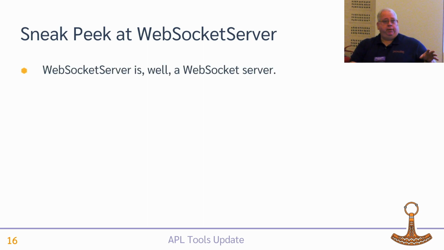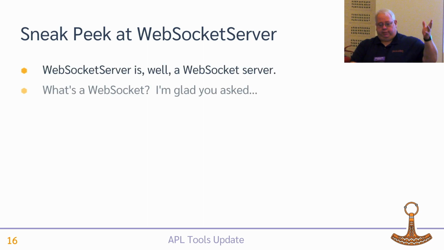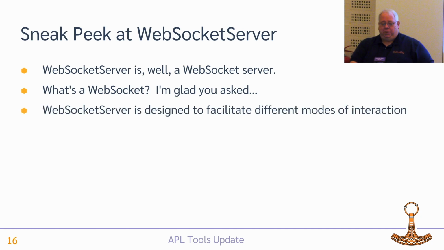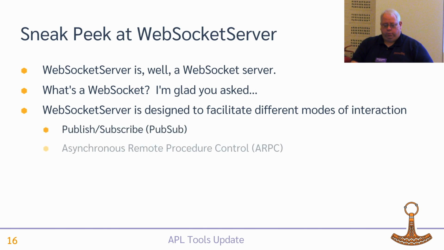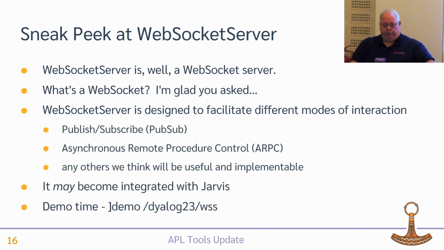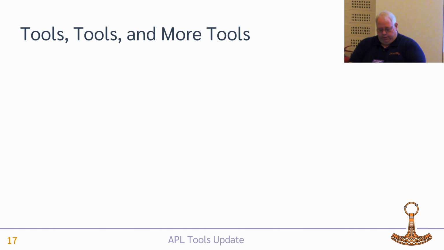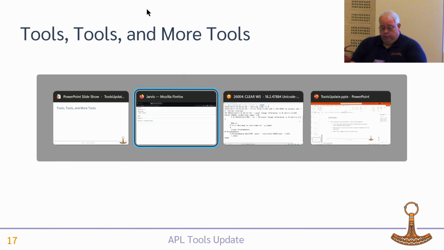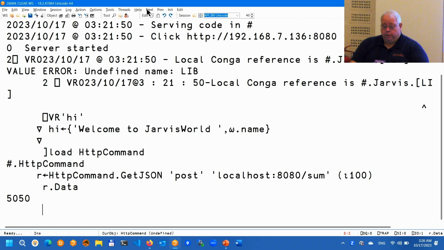So I'm going to give you a sneak peek at WebSocket server. What's a WebSocket? I'd like to tell you, but I'm running out of time. It basically allows you to have bidirectional communication between your client, the browser or whatever, and the server. There are a number of different things that you can do with it, but I will just demonstrate it.